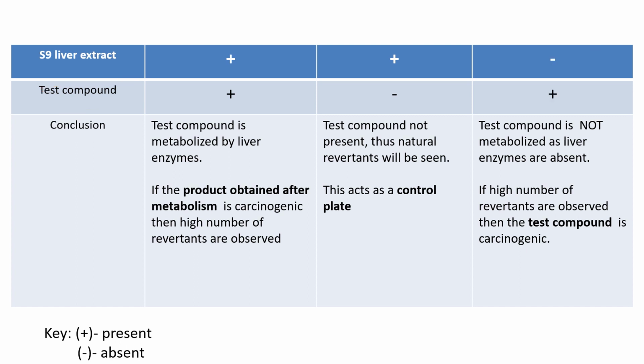But if a high number of colonies is not obtained in this condition, but you are getting a high number of colonies where you are adding the test compound with the liver extract, then you can conclude that the test compound was not mutagenic, but upon metabolism, the metabolic products of the test compound are actually mutagenic or carcinogenic.